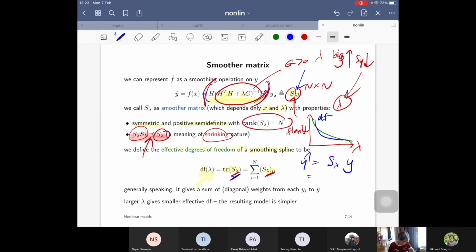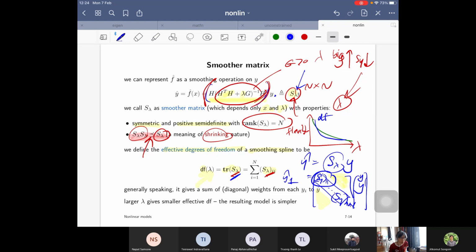Even though the smoother matrix S is square and has some values on the off diagonal, loosely speaking, in order to predict the first component of y hat, one element of Sy is the contribution of the first sample y1.